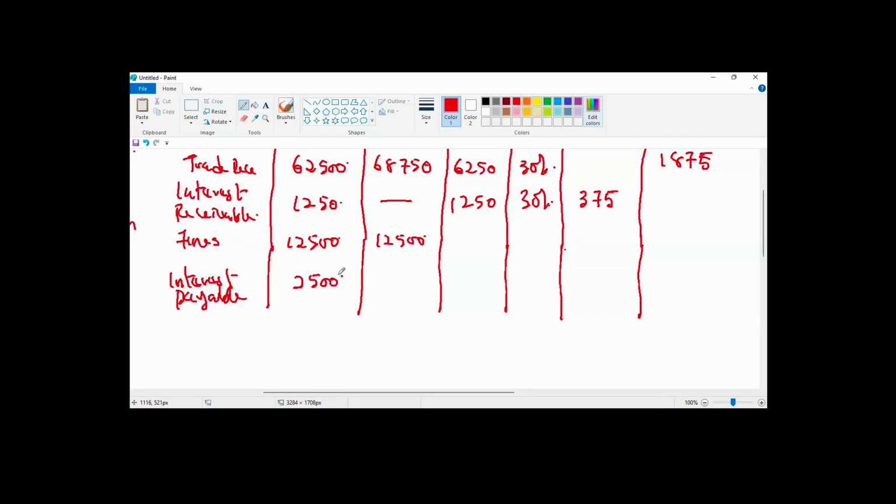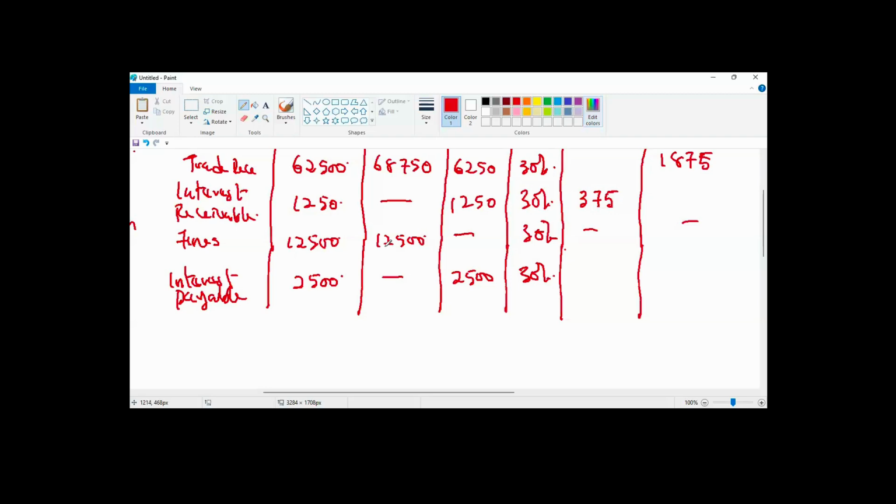So the tax base of the interest payable is 0. This creates a temporary difference of 2,500. Is it a deferred tax liability or a deferred tax asset? If it is not an asset, it is a liability.